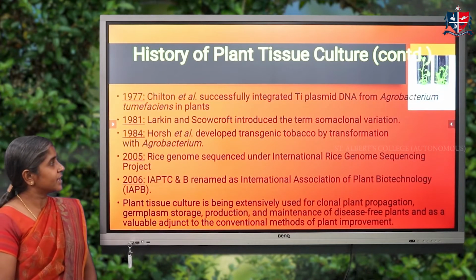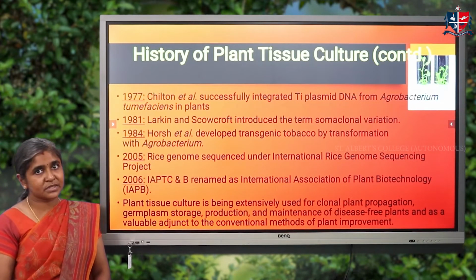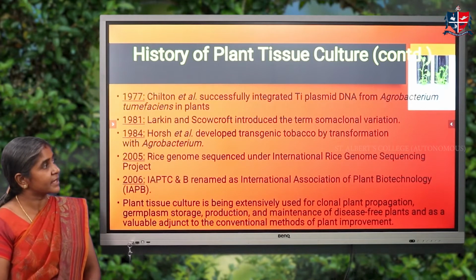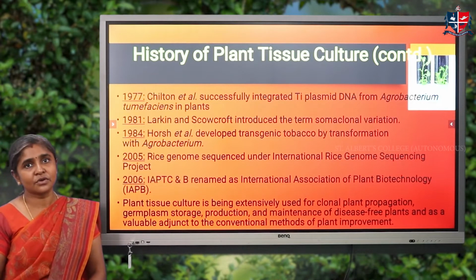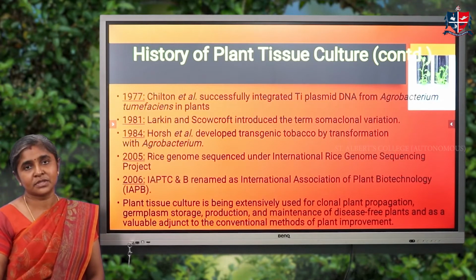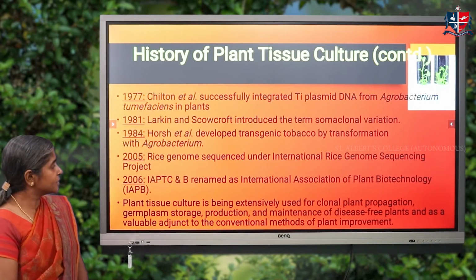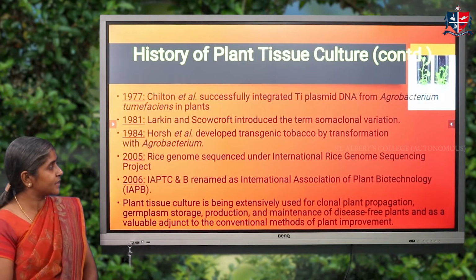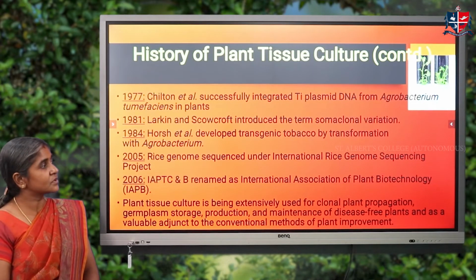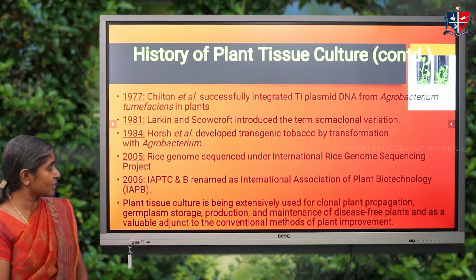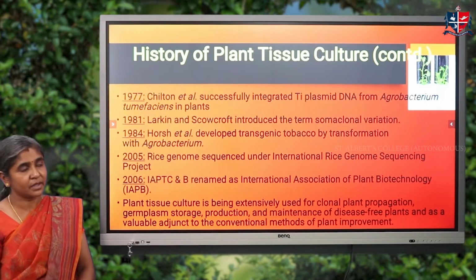In 2005, the rice genome was sequenced under the International Rice Genome Sequencing Project, and it made use of rice tissue culture extensively. In 2006, IAPTC and B was renamed as International Association of Plant Biotechnology, IAPB.